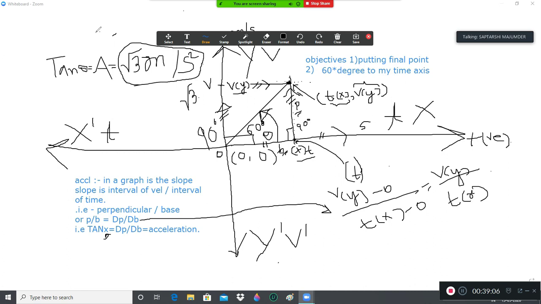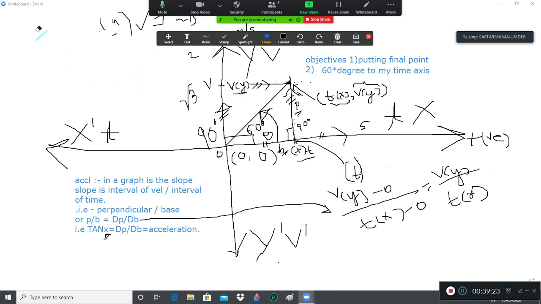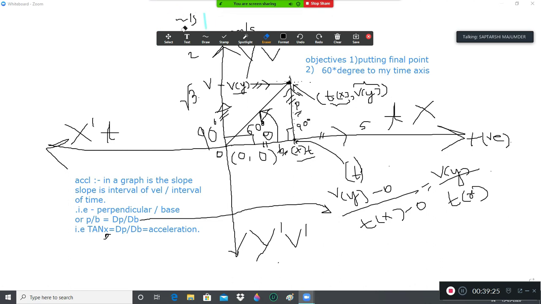Obviously, in competitive exams, you can see option A, root 3 meter per second square, and option B, root 2 meter per second square. Also, this can be a pretty tricky question, so I am saying again, try to answer it yourself if you know the laws of indices.